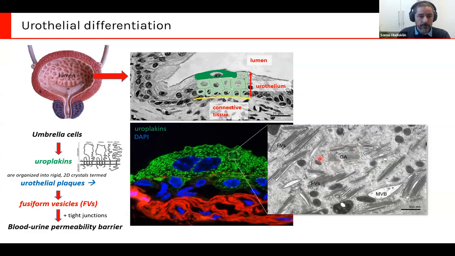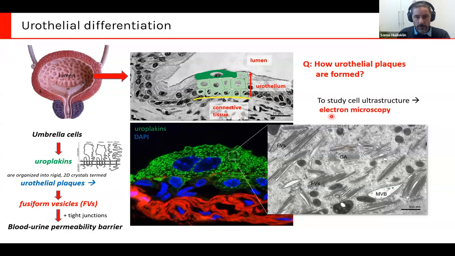And because they are quite similar in shape, there were hypotheses that fusiform vesicles actually are formed directly out of the Golgi. So, for instance, one of our questions was how urothelial plaques are formed.